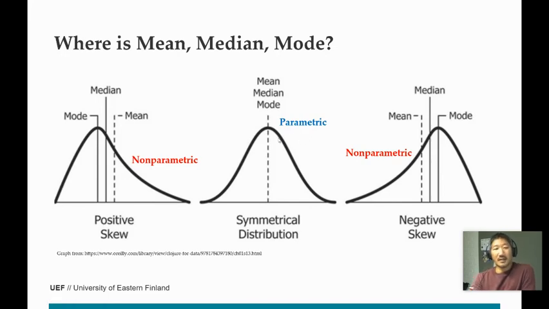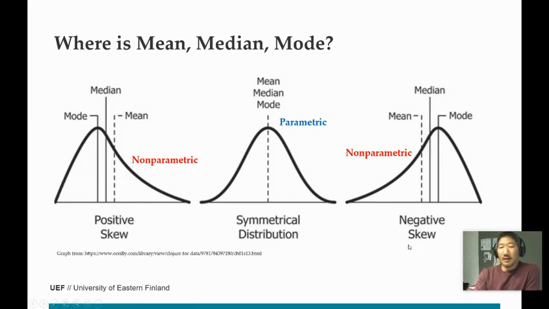On the other hand, if the data is skewed to the left or the right, you need to use non-parametric statistics. When the graph shows positive skew, the mode comes first, followed by the median and then the mean.